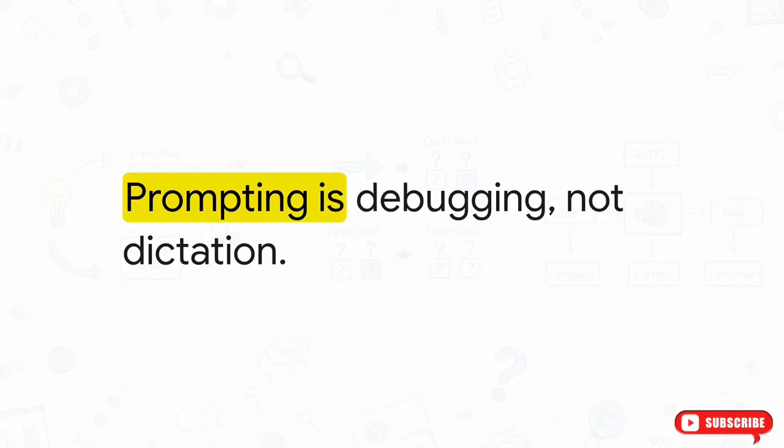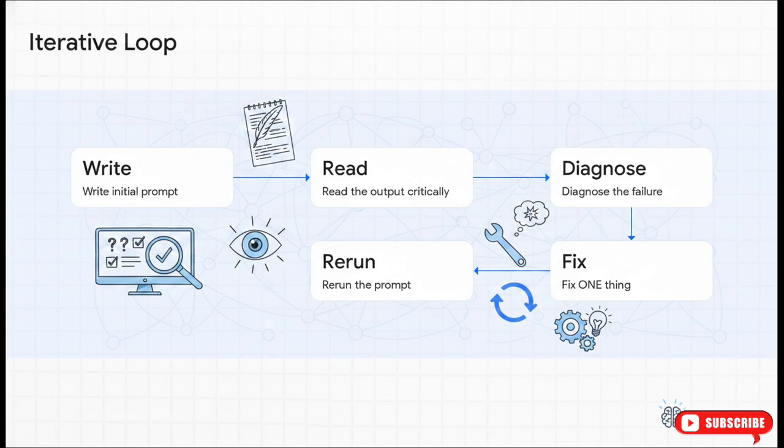Nobody writes a complex new feature and ships their very first draft of code straight to production without testing it, right? That'd be crazy. So why on earth would you expect to ship your first draft of a prompt and get perfect results? You shouldn't. You really need to approach AI interactions as an iterative development process, where the first prompt is literally just your version 1. And here is your continuous execution loop for doing exactly that.